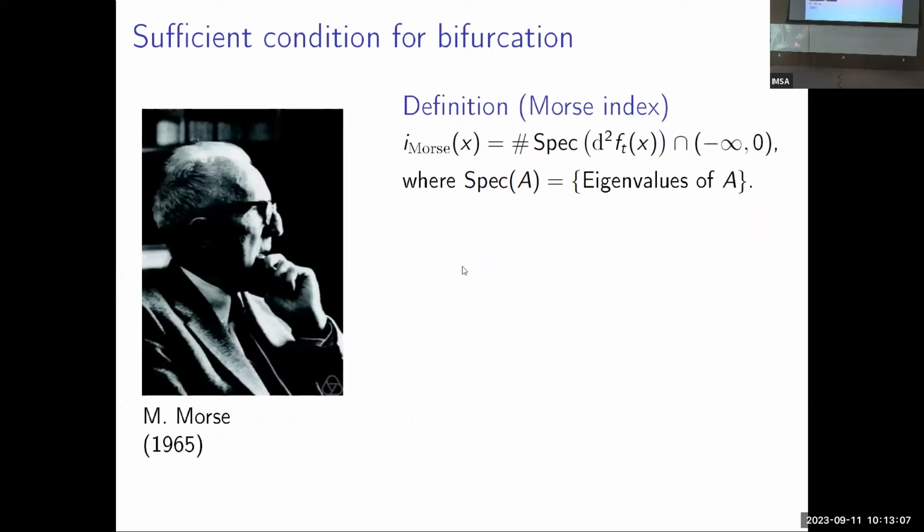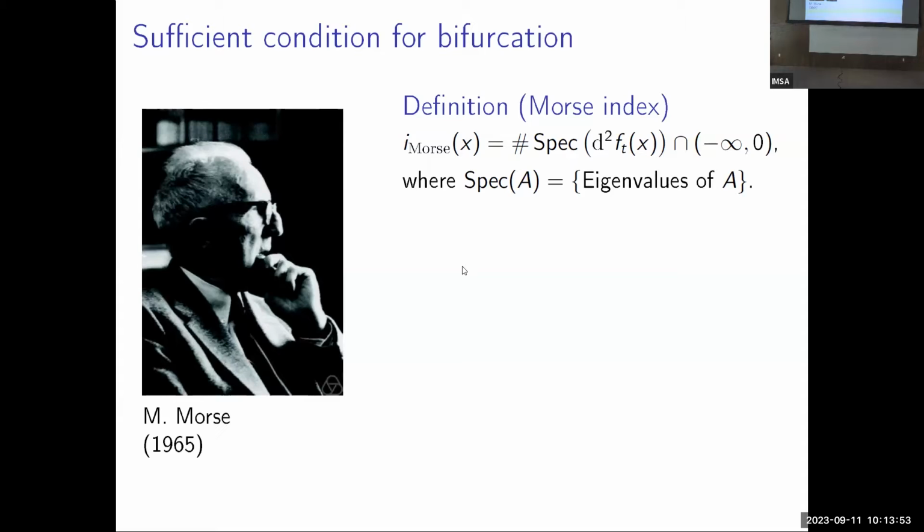Okay. So for what I am concerned, a sufficient condition for bifurcation is given in terms of the Morse index. So let me tell you what the Morse index is. Given a critical point x of your function F_t, the Morse index of this critical point is, there's a formula here. I'm sorry, the pointer doesn't work, but it works well with the whiteboard here. So you take the second derivative of your function.